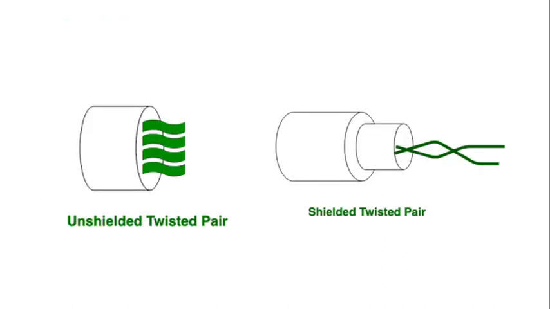You can see the diagram of shielded as well as unshielded twisted pair. In unshielded twisted pair, there is the conductor covered with one single shield. In shielded twisted pair, there is an additional shield given to the conductors in order to avoid attenuation, noise or disturbances coming inside.